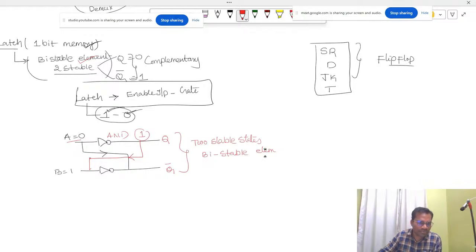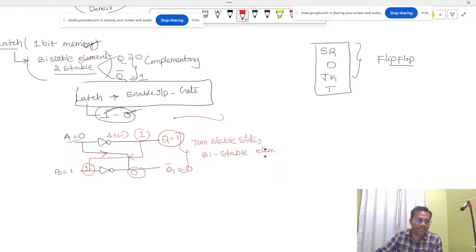This 1 will come here, and now the input of this inverter is 1. What is the complement of 1? You are going to get 0. So we applied 0 and the output we got is 1. Therefore the output is Q, and 1 given at the input B gives the output 0.